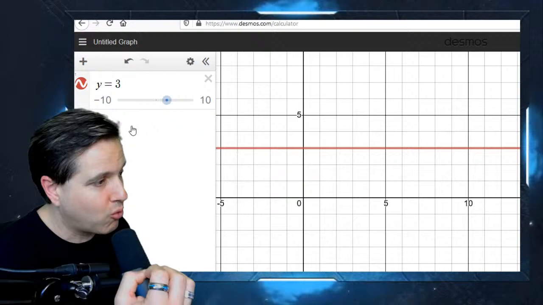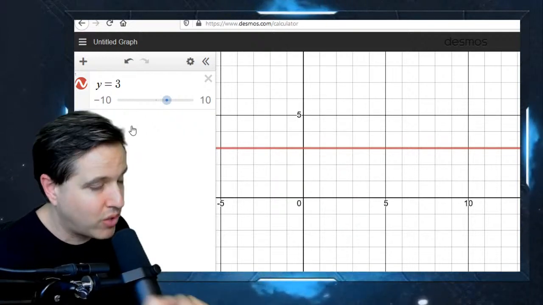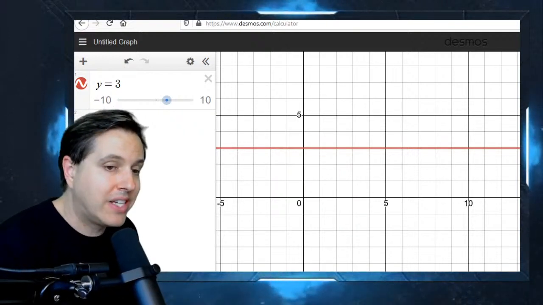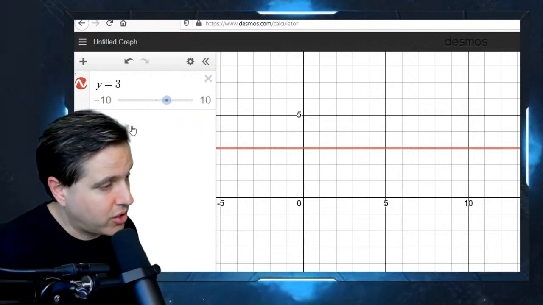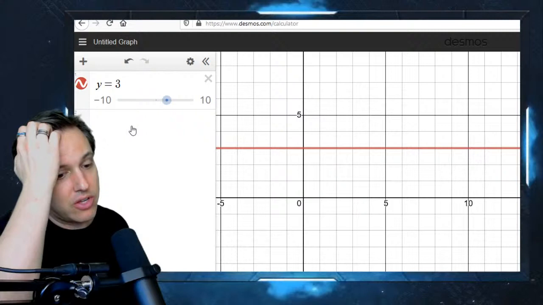So we'll be able to make really powerful statements about our original function, but we're going to need sign charts in order to get that calculated.